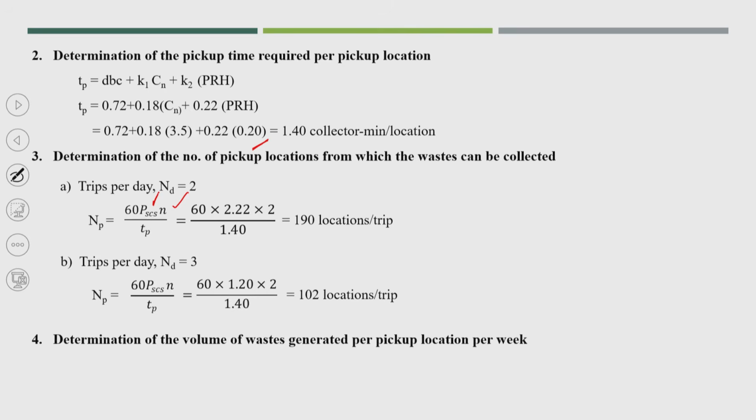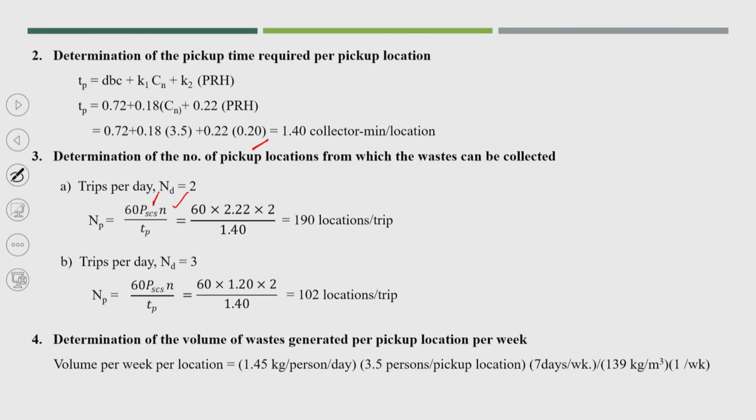So, we can calculate in a similar way the volume of waste generated per pickup location. First we calculate the quantity of waste generation divided by density. So, that is coming out 0.256 meter cube per location. Now, we will calculate the truck volume, first for ND2.